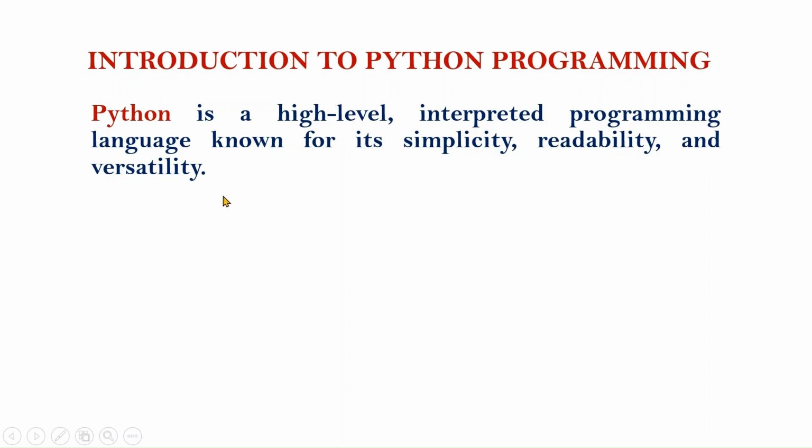And versatility. So versatile means here the ability to adapt for different tasks or applications to be performed. Since Python has a very huge set of libraries, very huge set of inbuilt functions, we can use it in automation, in scientific computing, in numerical computing, then data analysis, data pre-processing, machine learning.